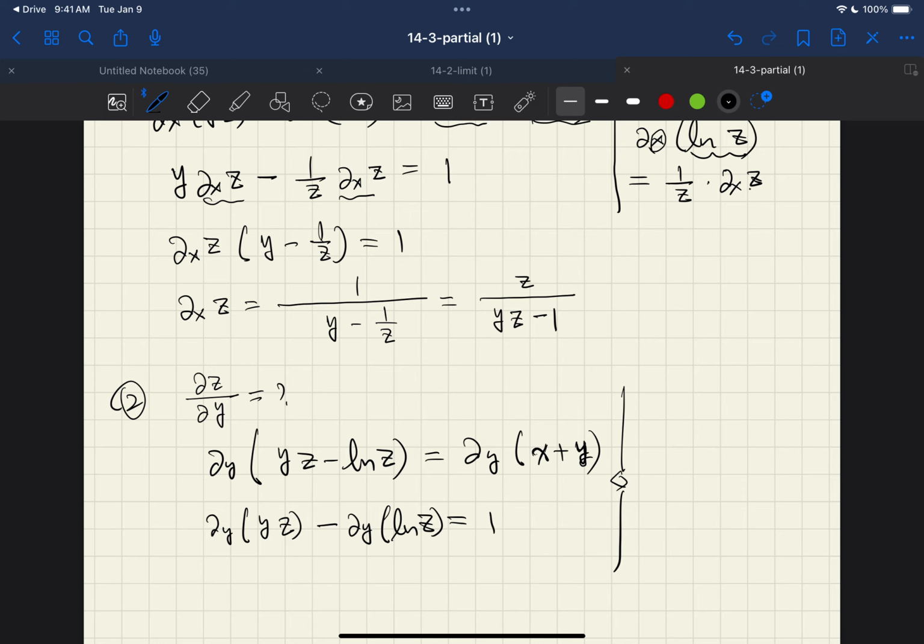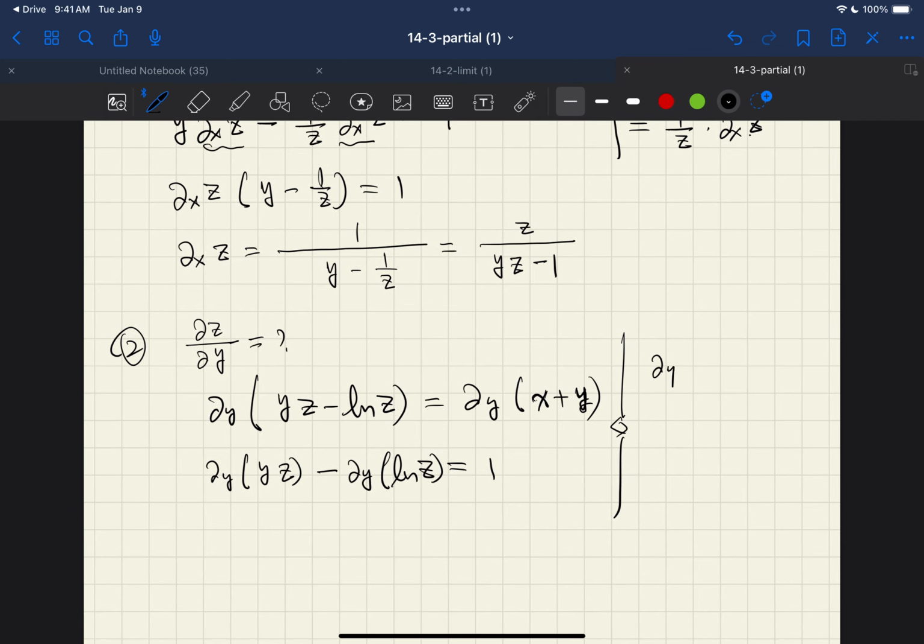Now let's look at the first term. What is partial y of yz? If you choose to change y, then this first term is changing. And z is a function of x and y. If you change y, then the z value is also changing. So both are changing, in other words, both are not constant. So you have to use the product rule. The product rule is (fg) prime equals f prime g plus f g prime.